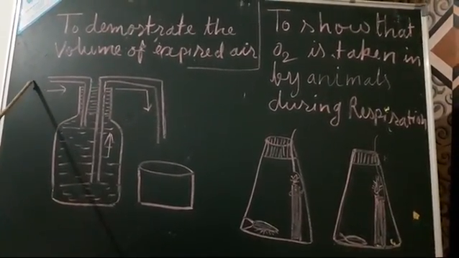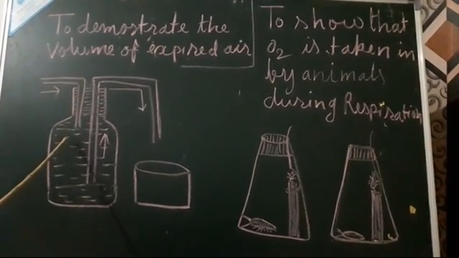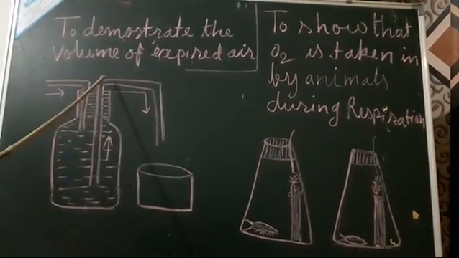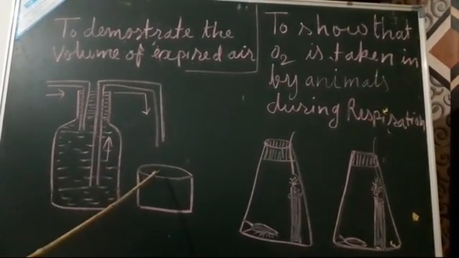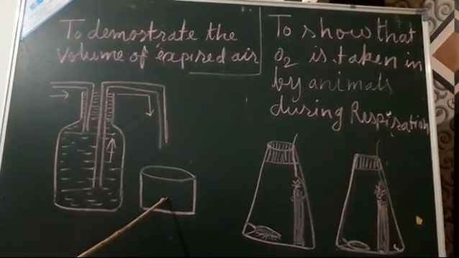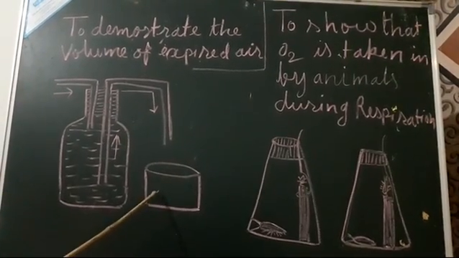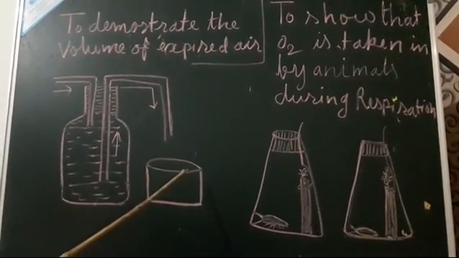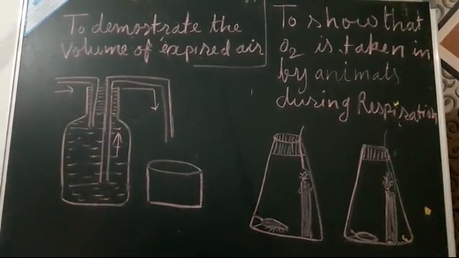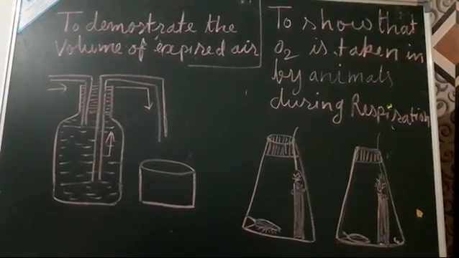So here we blow the air, which pushes the water through this tube and it falls in another container. So this volume of water can be measured, and that will show the expired air. It can measure the expired air.